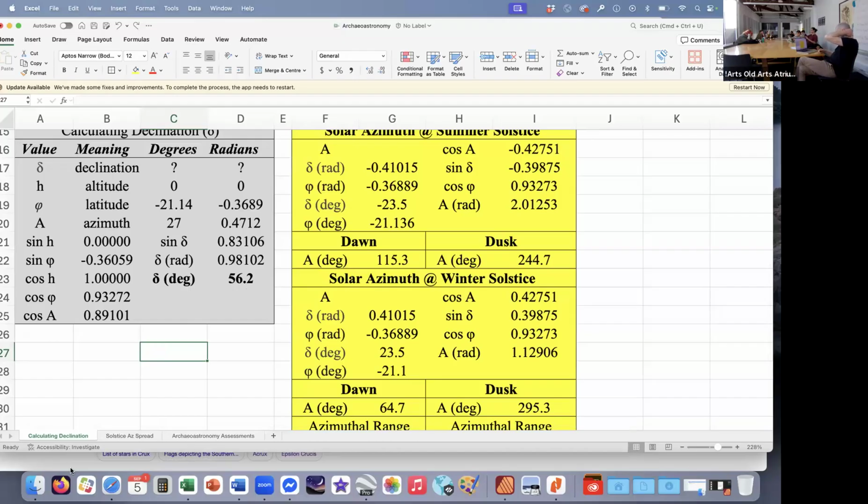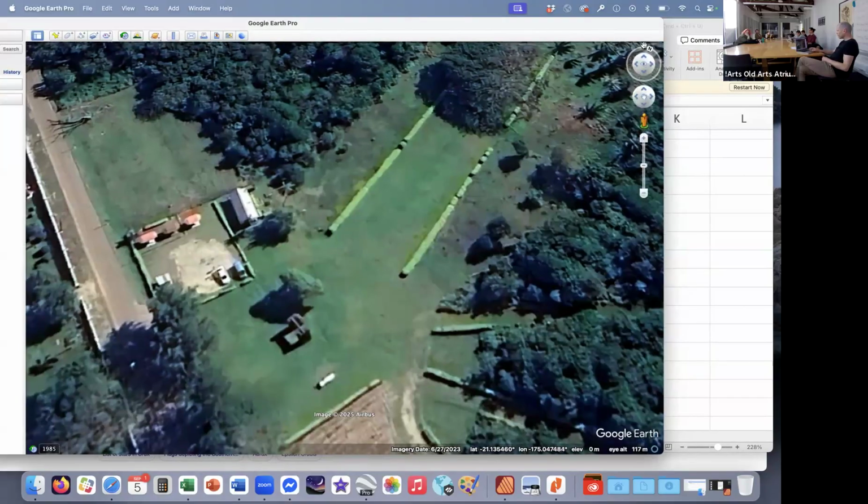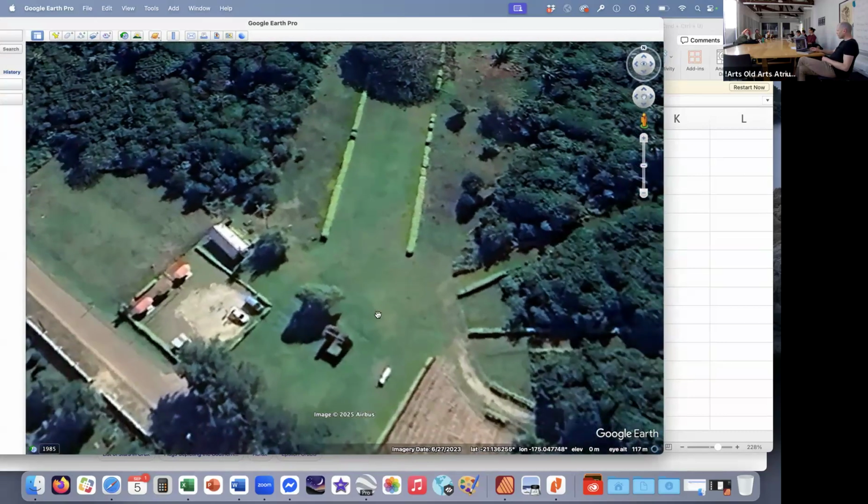Right. I mean, you can tell when you're looking at this thing, it's very much tilted towards the north, right? It says there's no bright stars with a declination of exactly that.